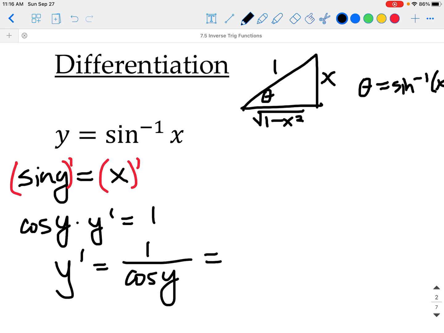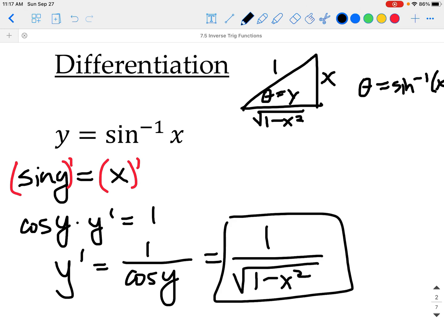But remember, y is our arcsine, so this is really the angle y as well. And so cosine is going to be radical 1 minus x squared over 1. So we get 1 over radical 1 minus x squared as our derivative of arcsine.